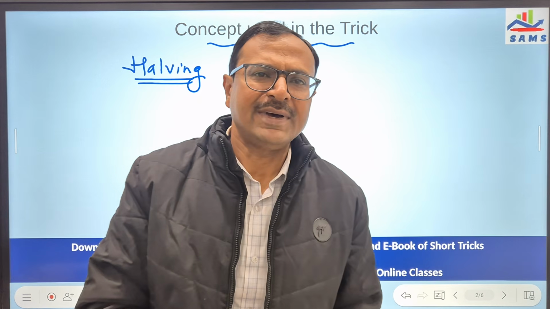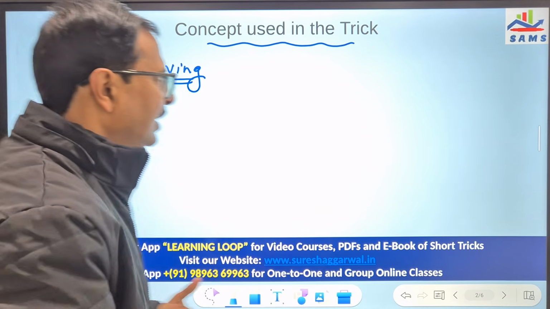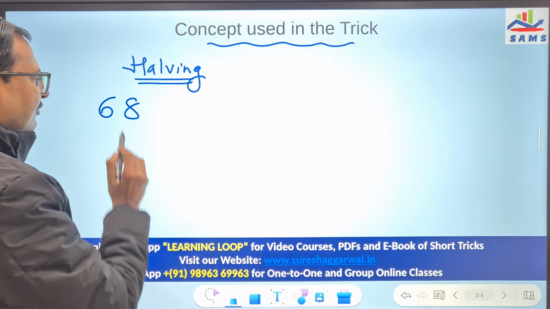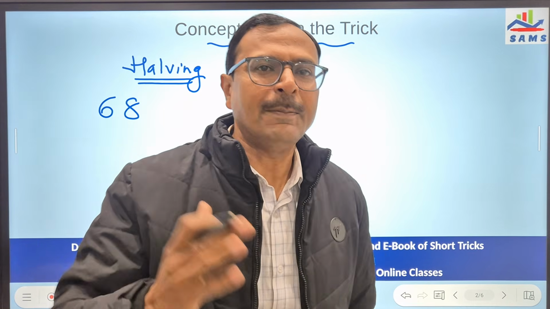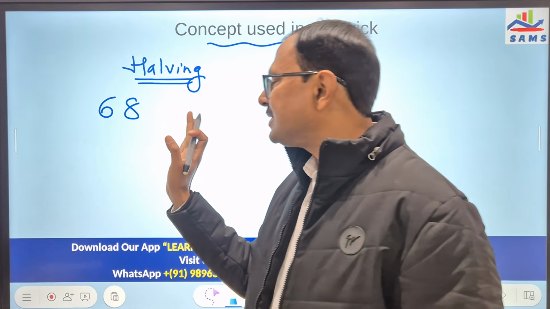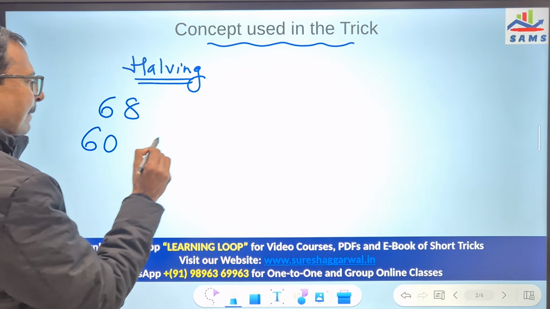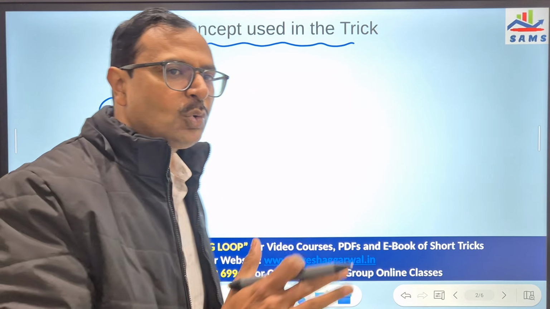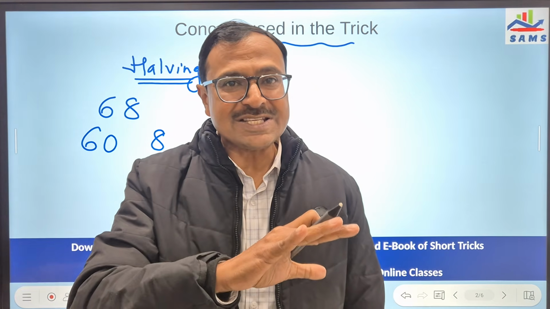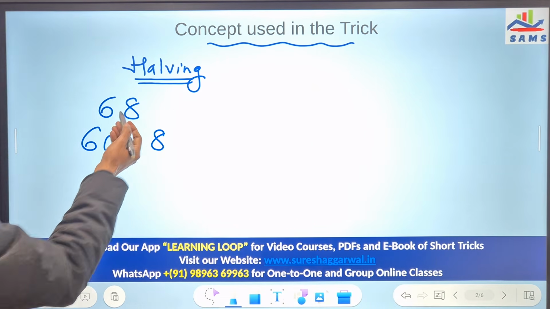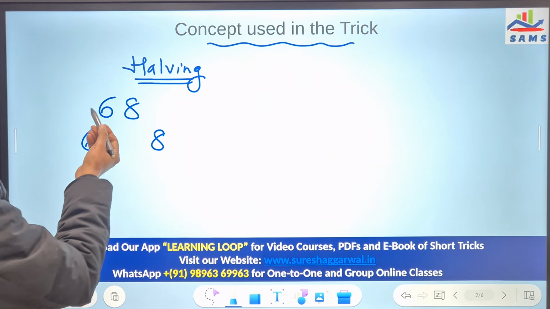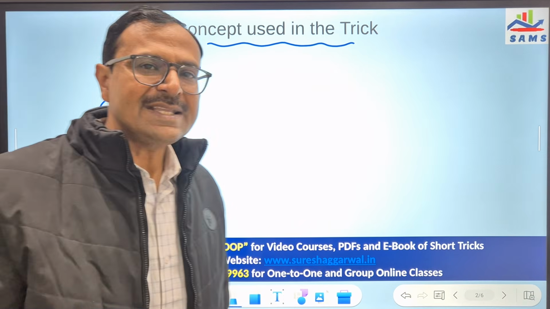Like suppose you have the number 68. When you think about 68 in mind, you don't have to say 68 as a whole. You will say 60 and 8, just like breaking it down into two parts using the place values. So 8 is 8 only because it is at the ones place. 6 is 60 because it is at the tens place.